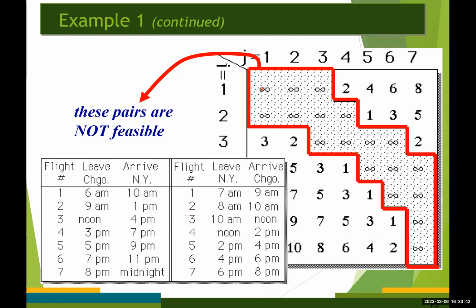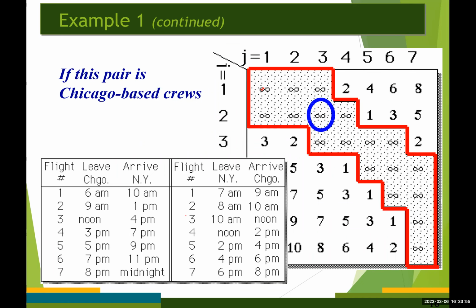Also, let you know that all of these pairs are impossible, okay? So for example, if this pair is the case of a Chicago-based crew, then he arrives in New York City at 1 p.m. through flight number 2.